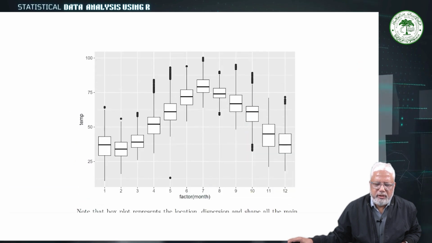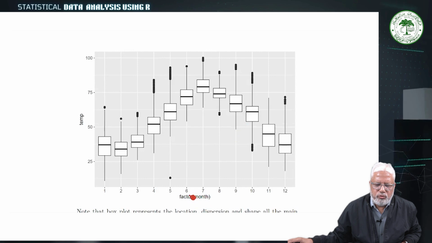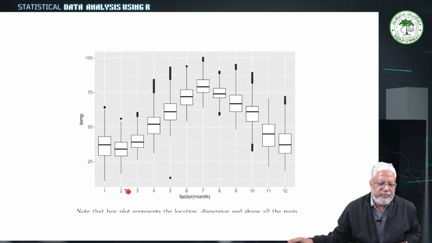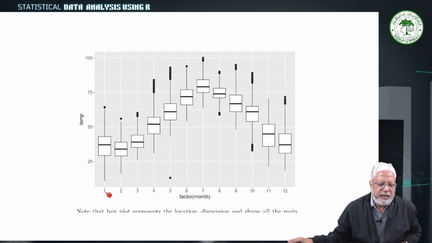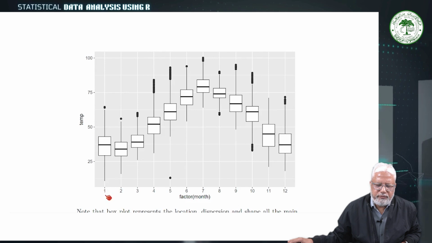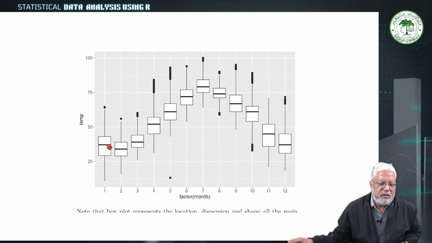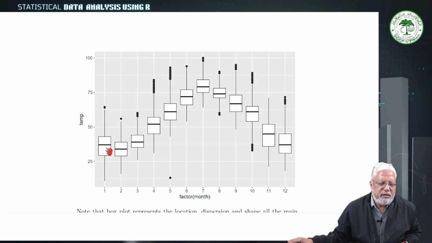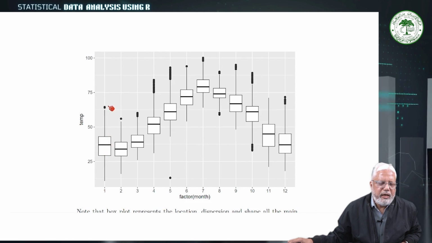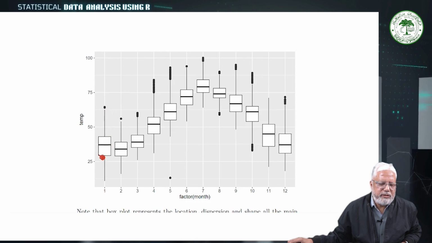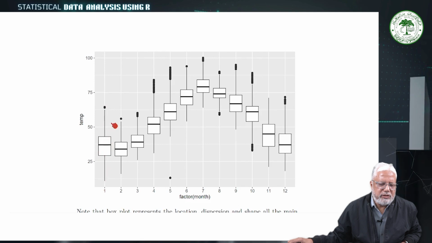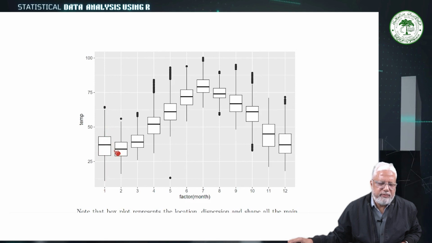See, factor(month). Now it has factored the data, and this gives the box plot of January, in which this is the median, this is the first quartile, this is the third quartile, and this is the outlying observation, and these are the whiskers. I have already talked about whiskers.